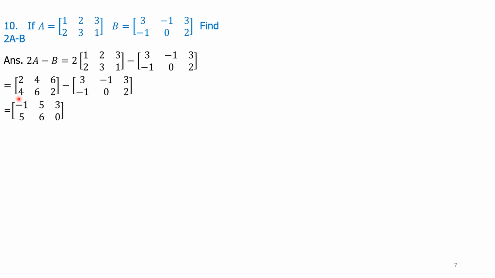In the second row, 4 minus of -1 is 5, 6 minus 0 is 6, 2 minus 2 is 0.